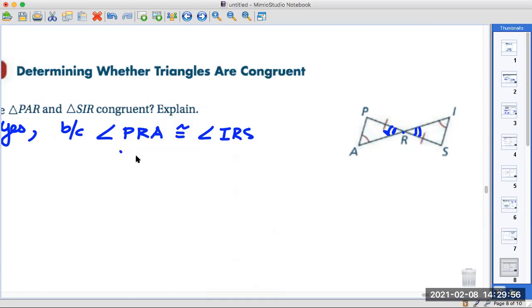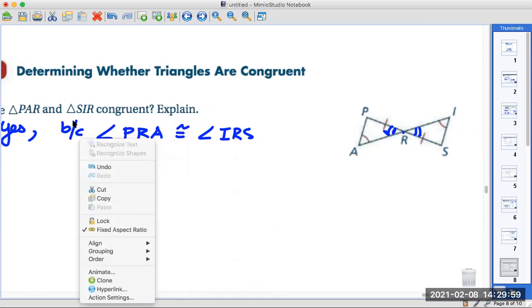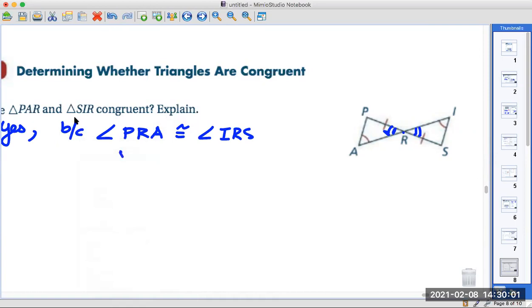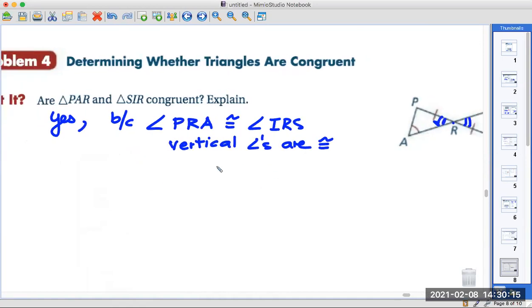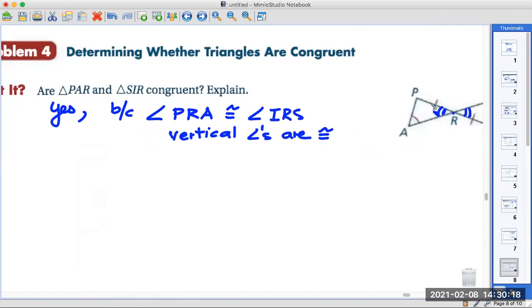Now, come on. It's not letting me. Vertical angles are congruent. So now we have angle, angle, side. Yes, congruent.